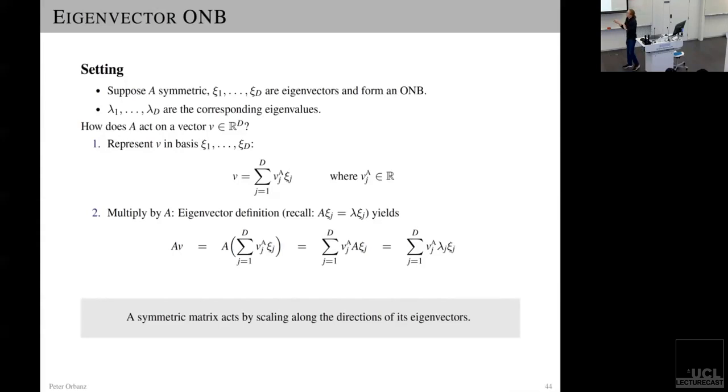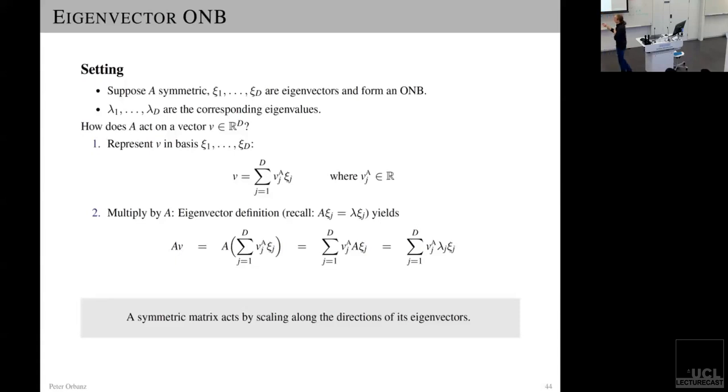Okay. So now let's say A is symmetric. It has an orthonormal basis of eigenvectors, and the corresponding eigenvalues are lambda 1 through lambda d. Now, how does that matrix act on a vector? The eigenbasis gives us a very nice way to represent what that matrix does to an arbitrary vector.